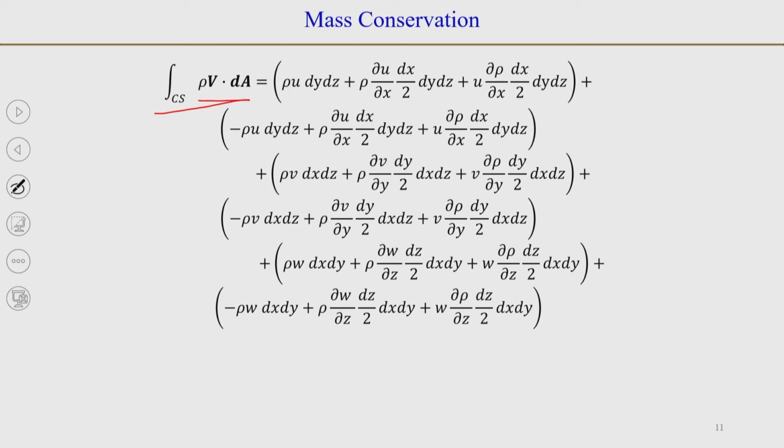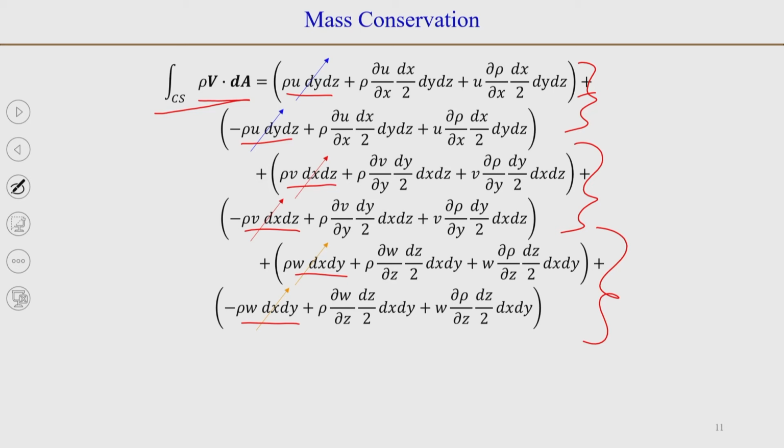So, we can write all the 6 terms that we have obtained, the 2 terms for x faces, the next 2 terms for y faces, and the last 2 terms for z faces. We can see that the first terms in each case are positive and negative on the respective left and right faces, top and bottom, and front and back. So, the first terms in all the brackets will cancel out, and we can put together all these terms and try to see what we get.